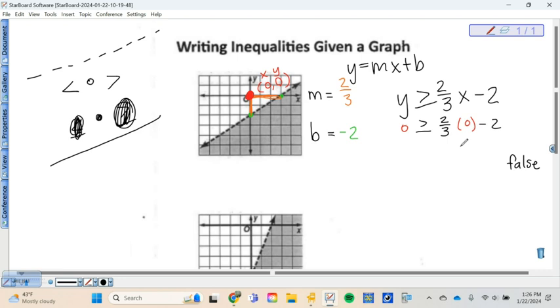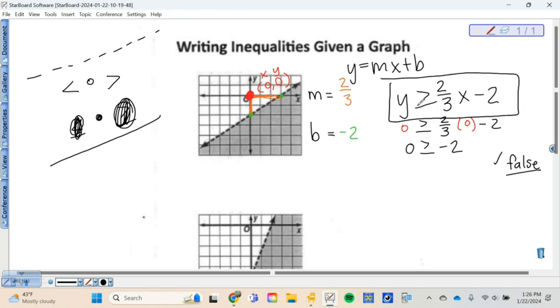It's not going to make it true. So let's test it and see. 0 is greater than or equal to, what's 2/3 times 0? 2/3 times 0 is 0, and 0 minus 2 is? -2. Is 0 greater than -2? No, that is false, right?